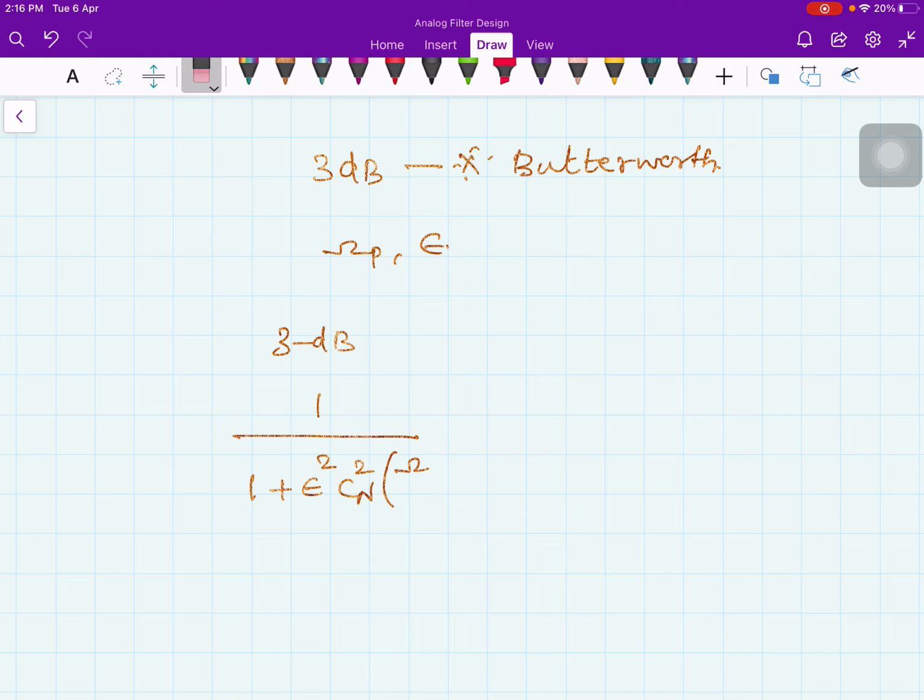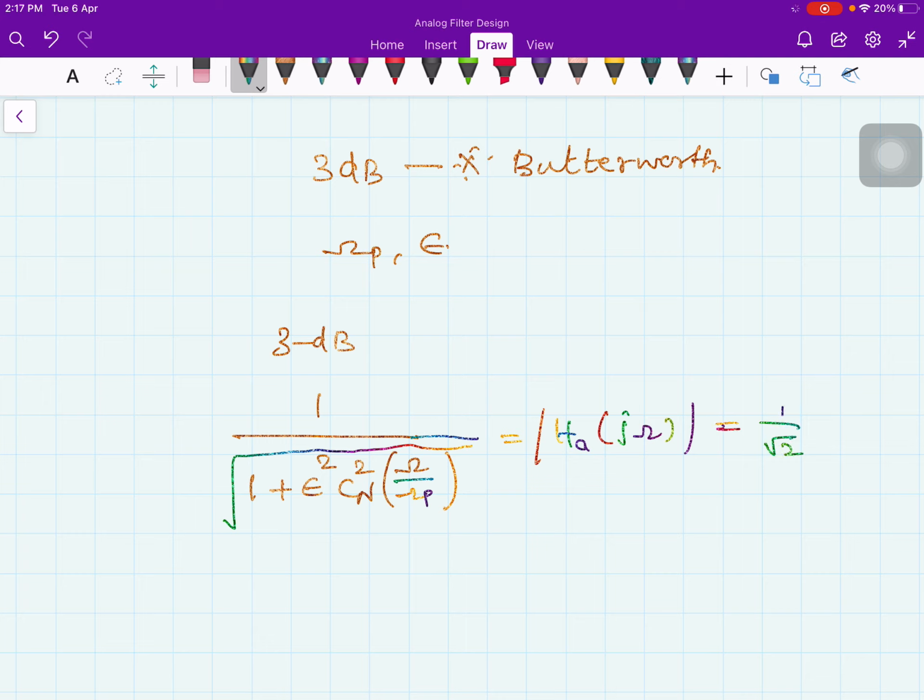Let me write the general expression and then we will derive omega by omega p and whole square root, and this is magnitude H of j omega. Now 3 dB frequency is a frequency at which the magnitude is going to be 1 by root 2 or 0.707 of the maximum value.